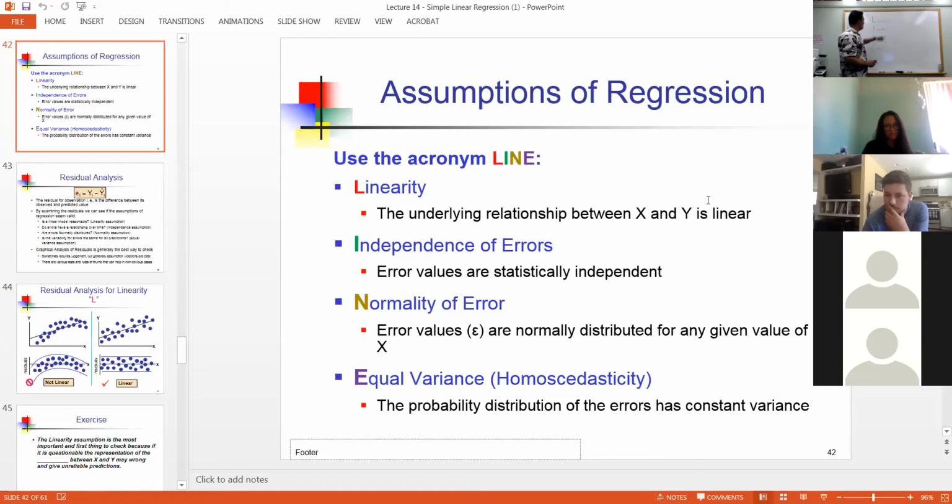Okay. Now, linearity, we need to make sure that if we are making this claim that as square feet increases, the price of the house increases, and we have a slope, we need to make sure that it's linear. We do not want to have any curvilinear patterns happening here, right? Because if it's curvilinear, that means it's not linear, and we can't use this. Okay?